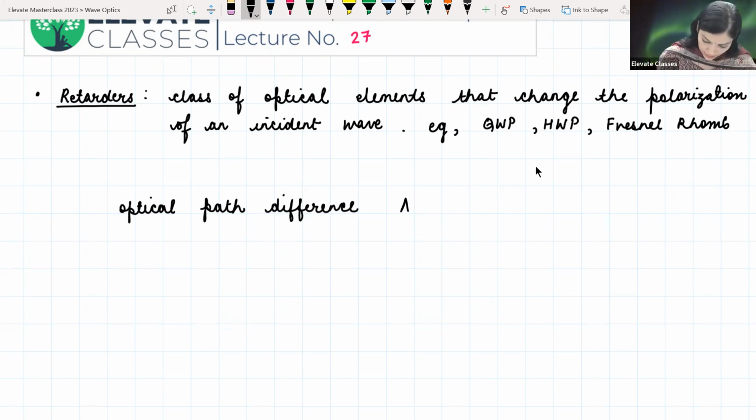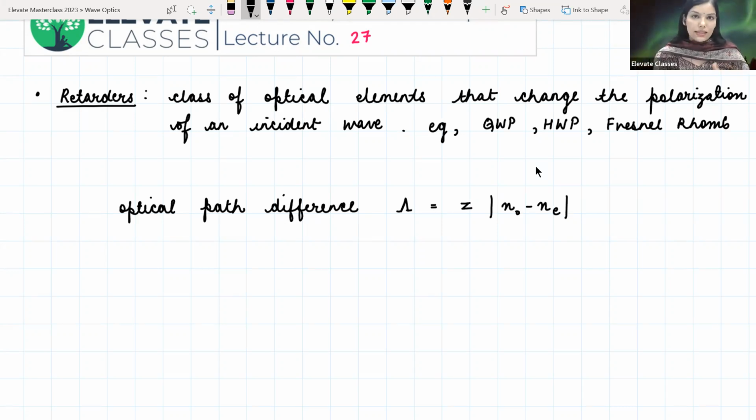Okay, so I wrote capital lambda is equal to, I think Z I wrote, which was the distance or the thickness of the plate or the crystal that we are using. And this was multiplied with the birefringence. Okay, so this is the magnitude only I'm taking.